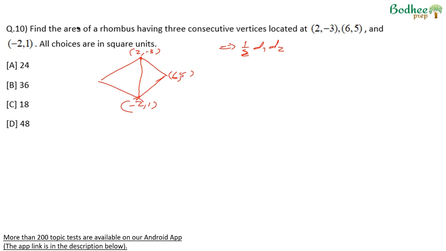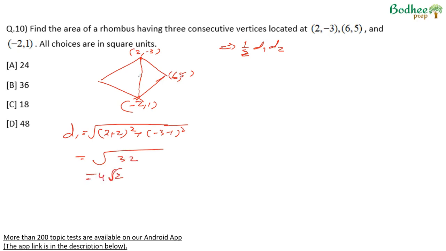What we can do is find the length of this diagonal. Suppose I'm calling this diagonal one d1. This will be root of 2 minus minus 2 whole square plus minus 3 minus 1 whole square. This becomes 16 plus 16, 32, which is 4 root 2.